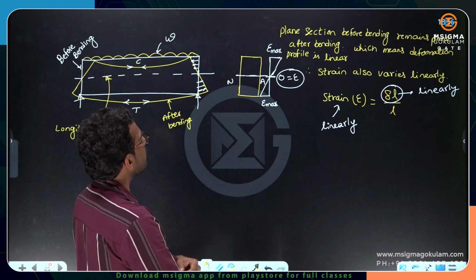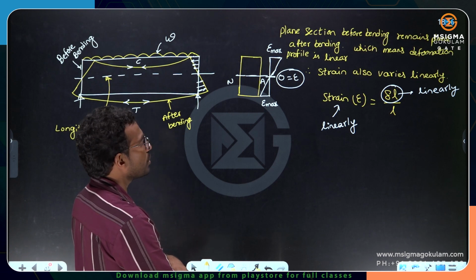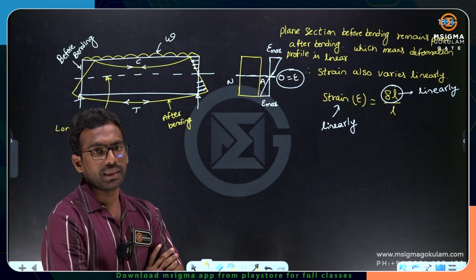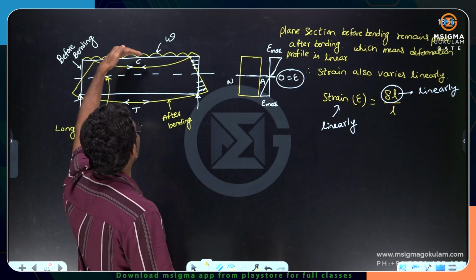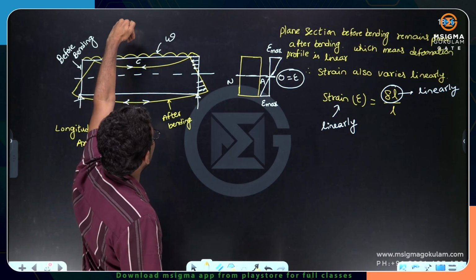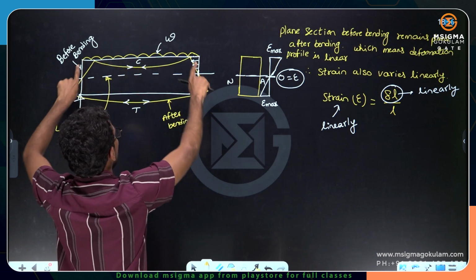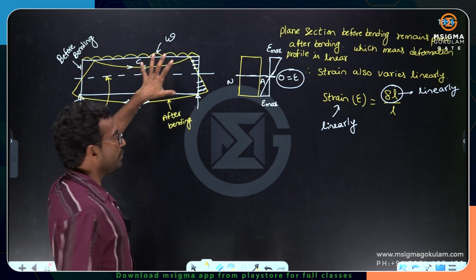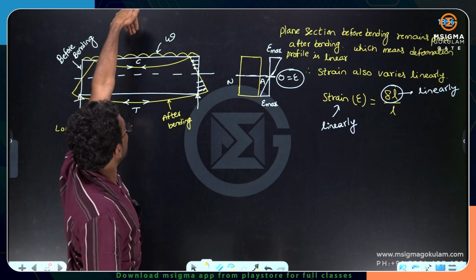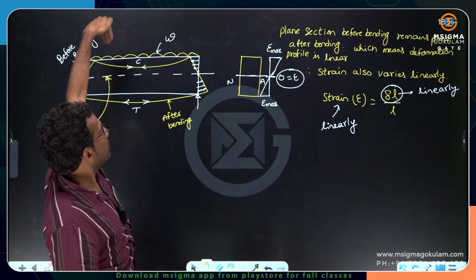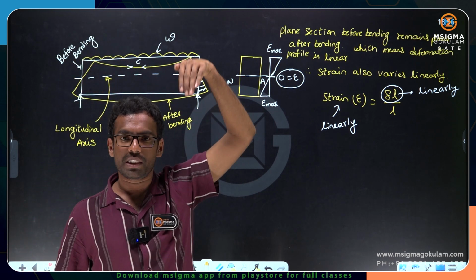Now I am trying to say why I conveyed all these things to you. There is a reason behind it. See here, the beam undergoes vertically downward load. This white rectangular box you see here is the beam, subjected to vertically downward loading, which is called a transverse load.